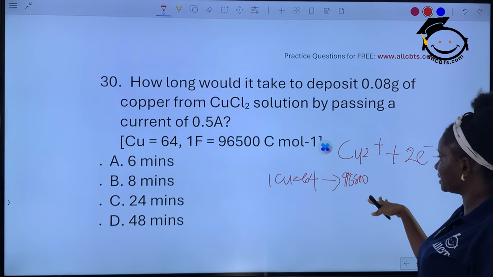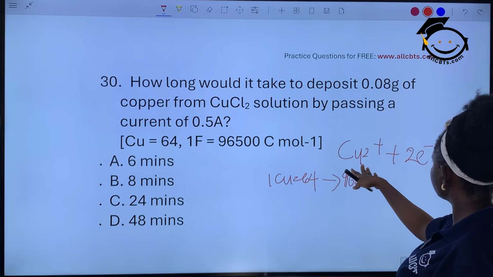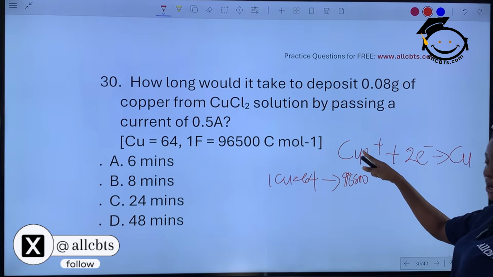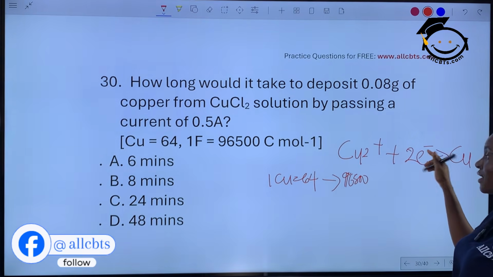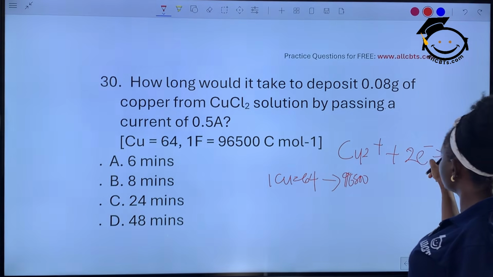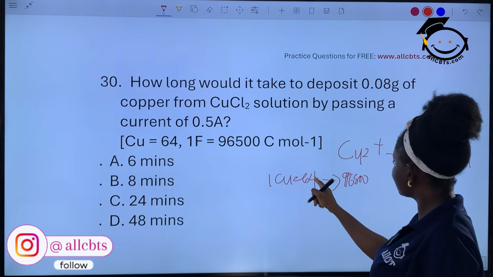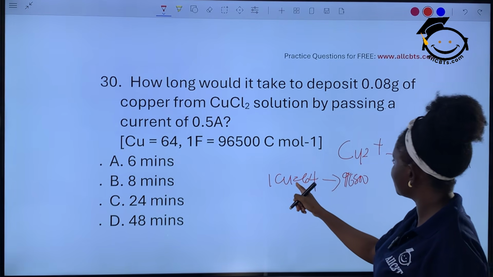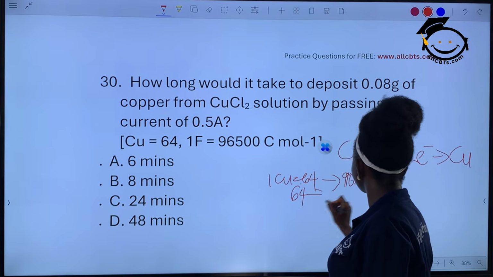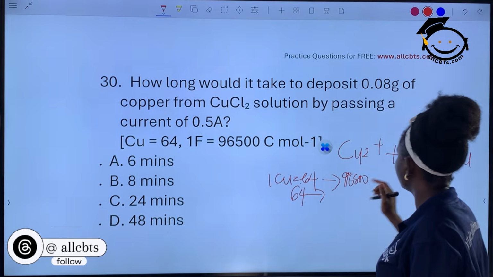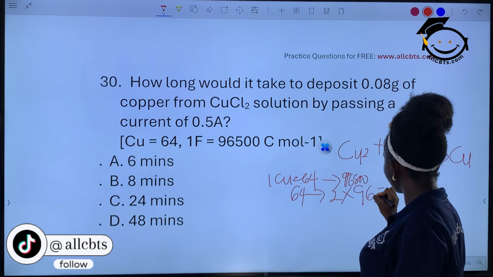So from our equation now, we have 1 copper, this our copper ion with 2 plus, gives 2 Faraday. This is the charge. So let's calculate. If 64 we give this, that means 1 copper, this 64 we give, since we have 2 charge here, that would be 2 times 96,500.